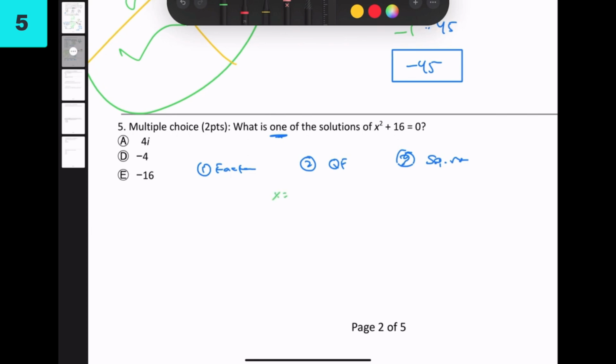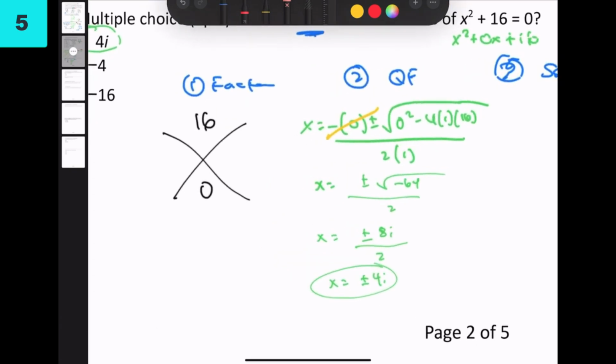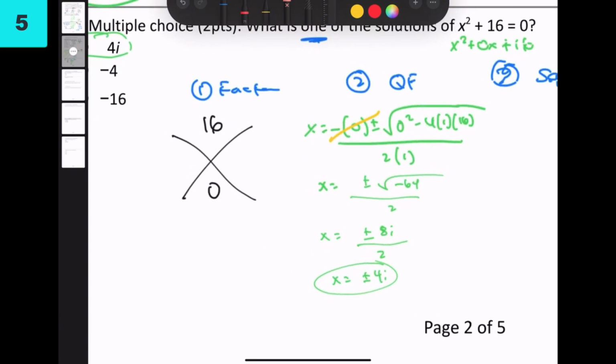So x equals -b, so x squared plus 0x plus 16. If you chose this by factoring, same thing. A times c is 16, my b value is 0. We haven't really done this, but it is possible. Two numbers that multiply to be 16 and add to be 0. So that would be 4i and negative 4i. Negative times a positive is negative.